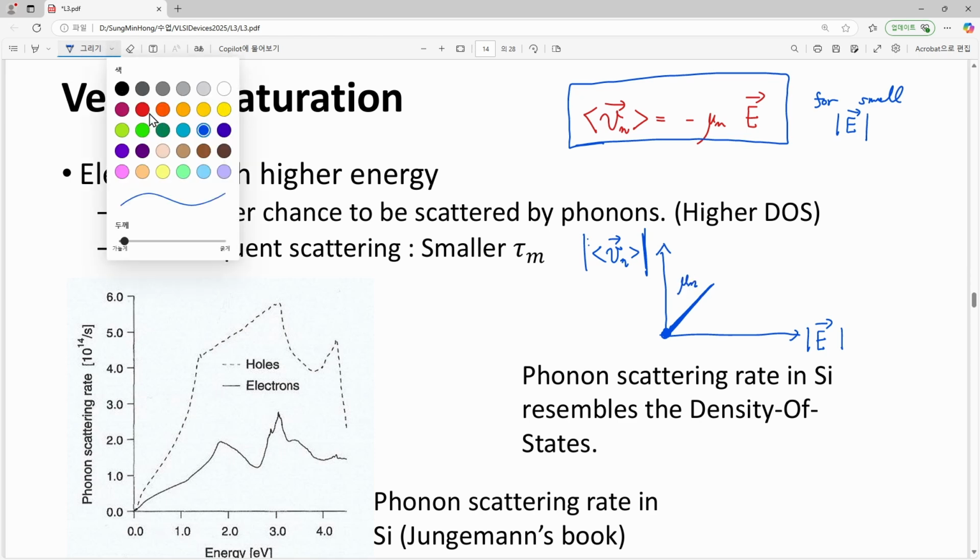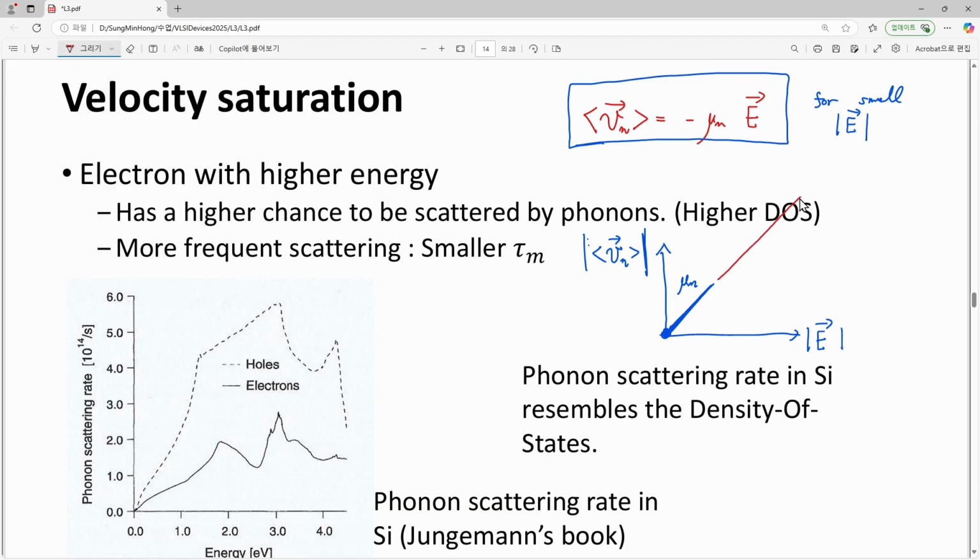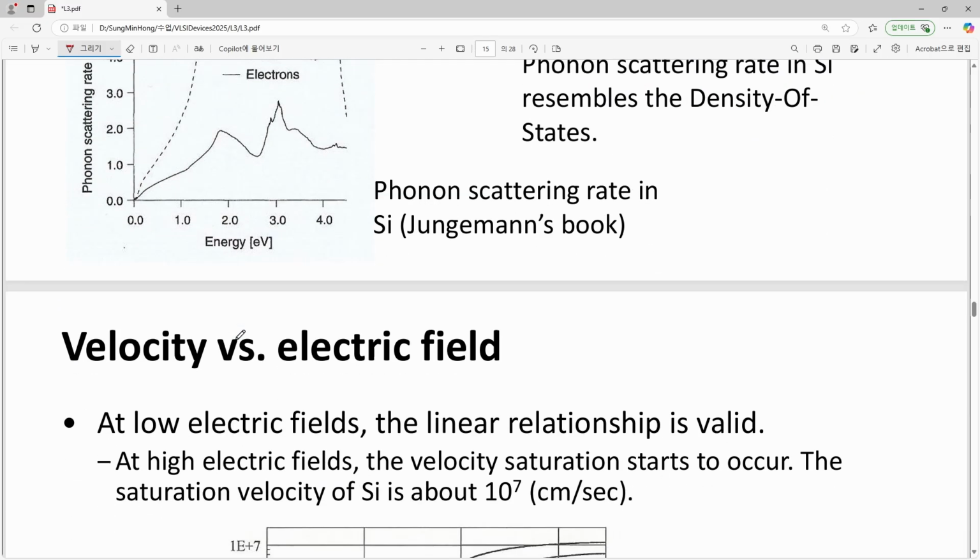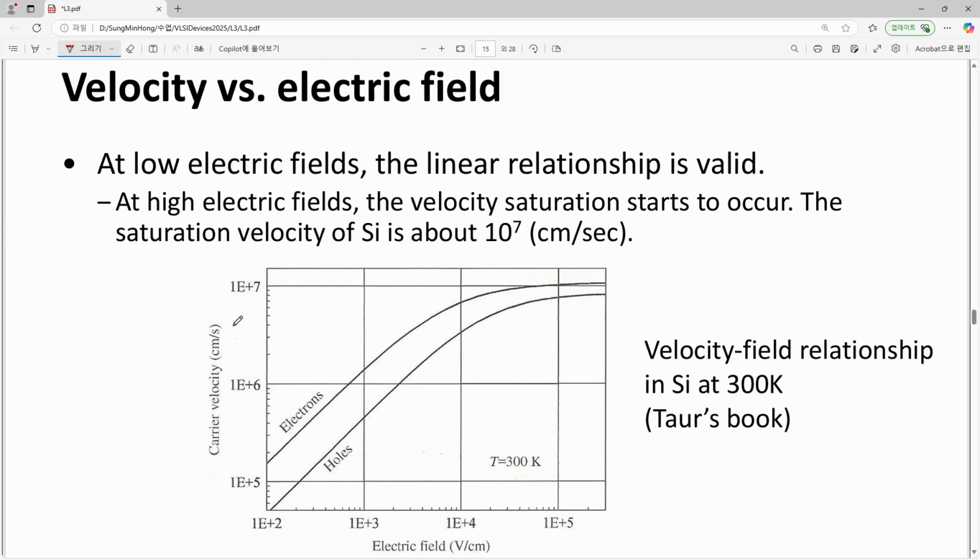However, when we have quite a high electric field, it never increases indefinitely, so eventually it is saturated, and there is a certain maximum velocity we can have with these electrons or holes. So this is the graph.